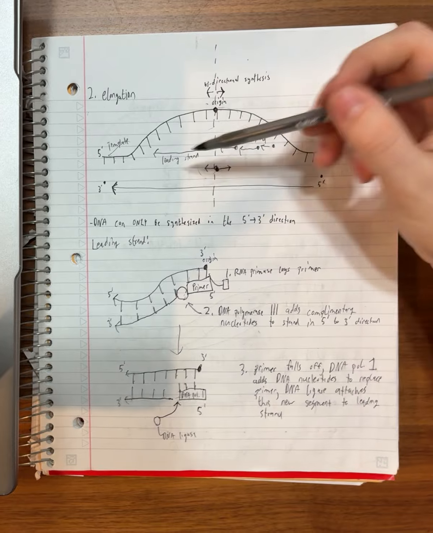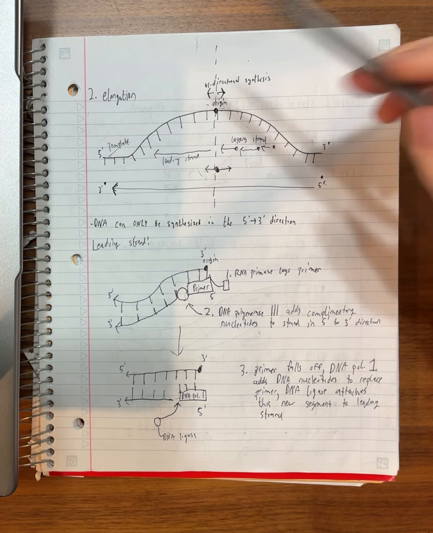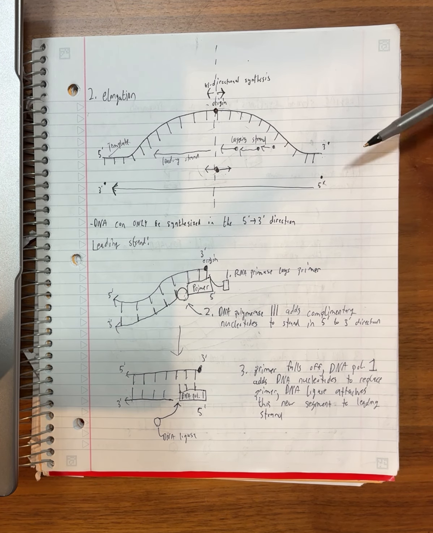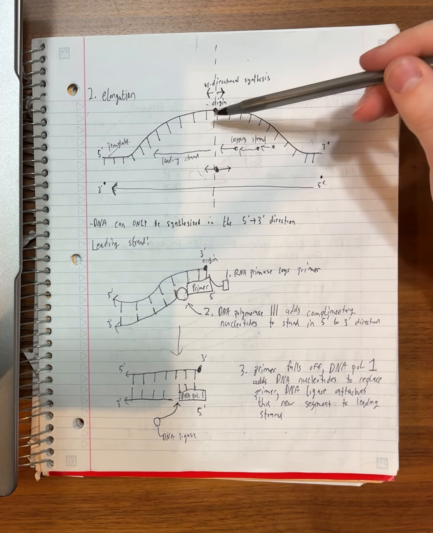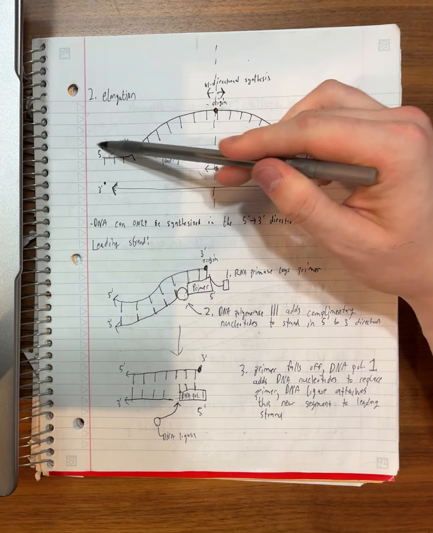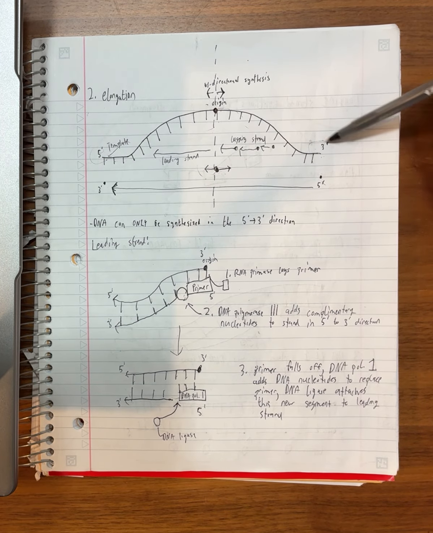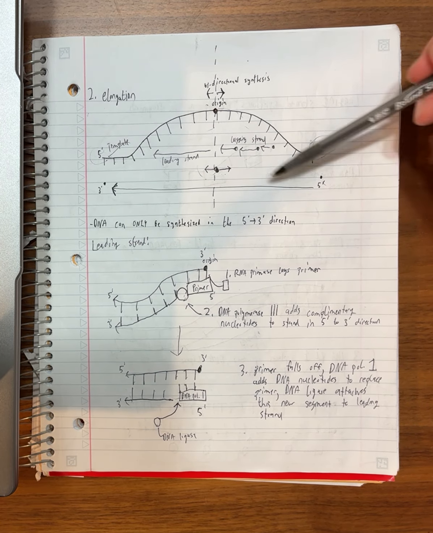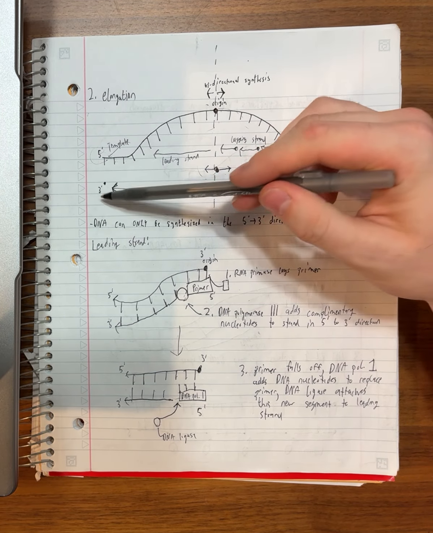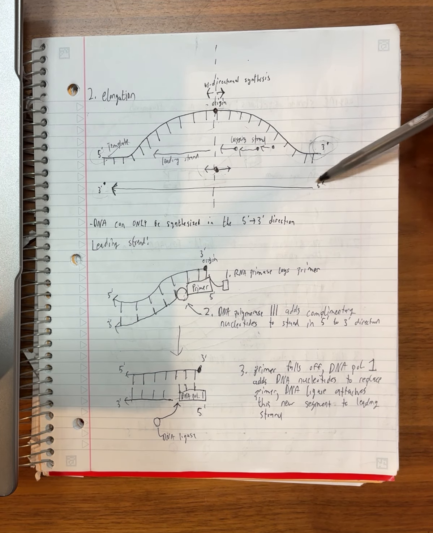So this is the template strand. And remember though, I can only build in the 5' to 3' direction. And remember that DNA is anti-parallel. So I'm going to create a strand. So if this strand is 5' on the left, 3' on the right, the strand that I'm creating to bind to it will be 3' on the left and 5' on the right.